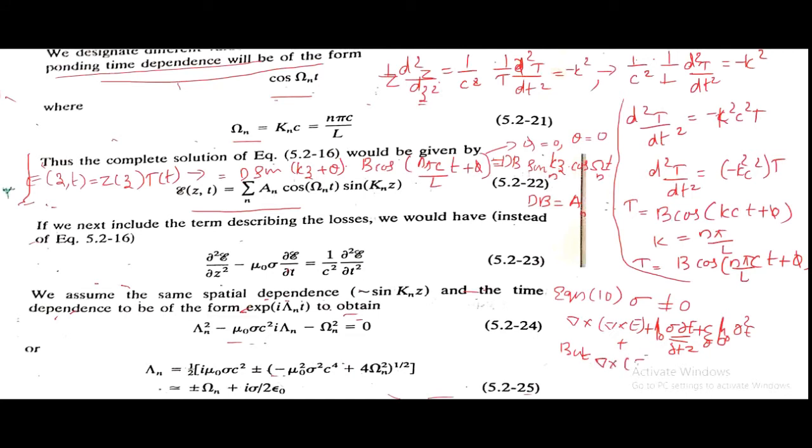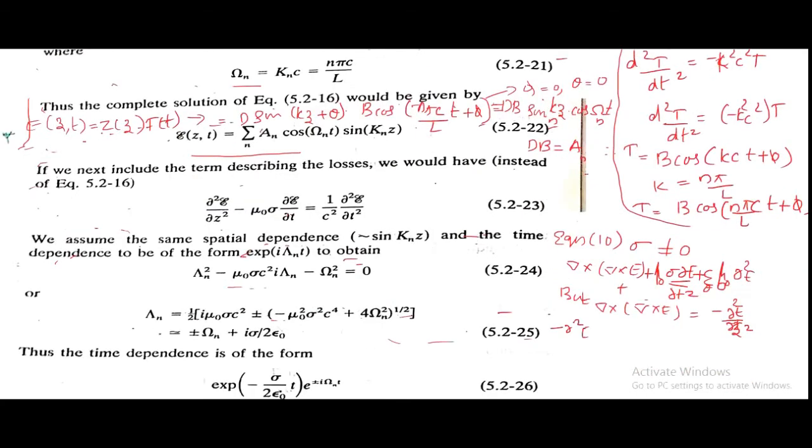But we can write del cross E equals minus dou square E by dou z square. So we can write minus dou square E by dou z square plus mu 0 sigma dou E by dou t plus epsilon 0 mu 0 dou square E by dou t square equals 0. But we know that mu 0 epsilon 0 equals 1 by c square.